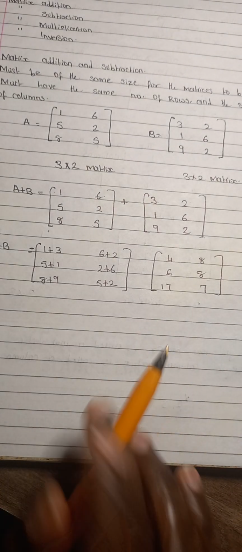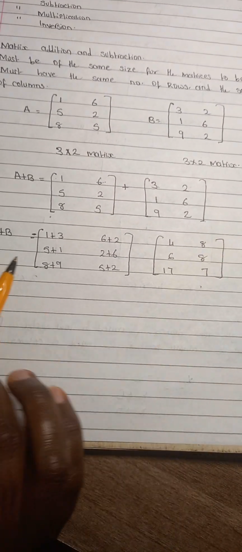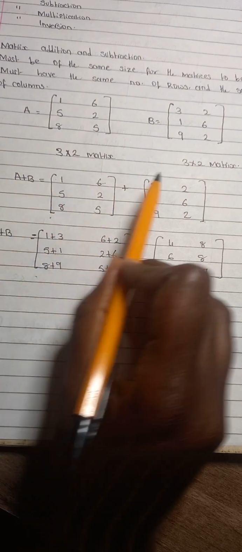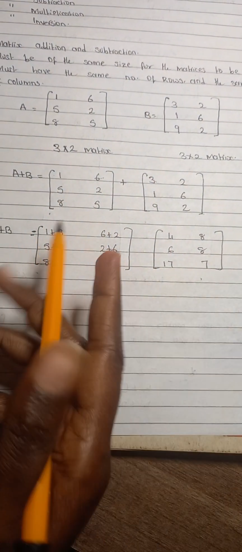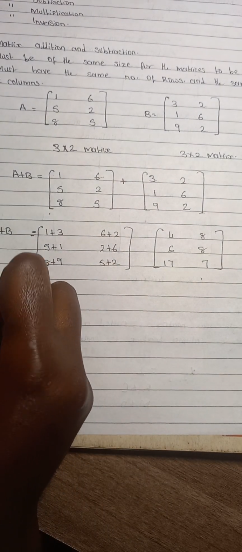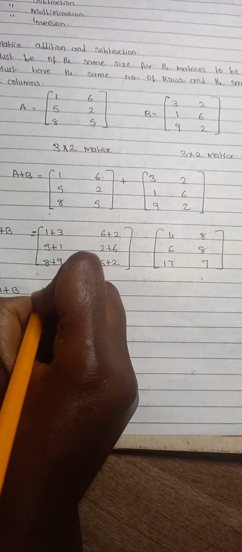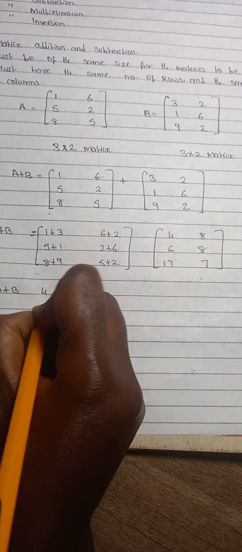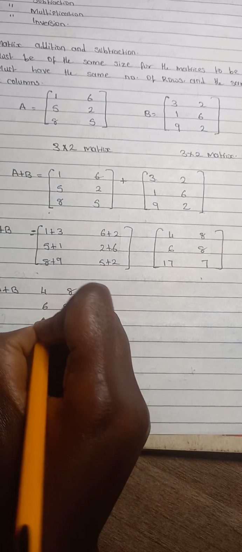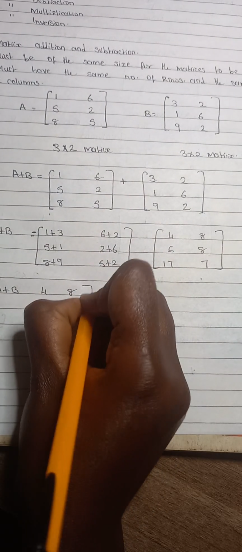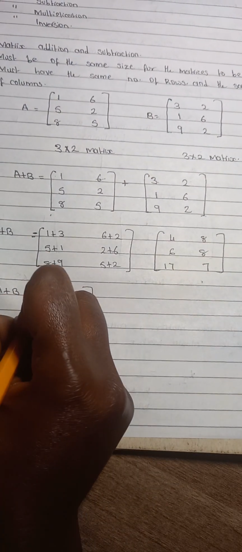Okay, so remember we've just taken this plus this, 6 plus 2, like that you arrange them. So A plus B is 4, 8, 6, 8, 17, and 7. Quite simple.